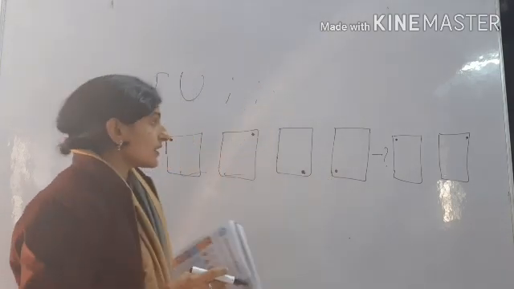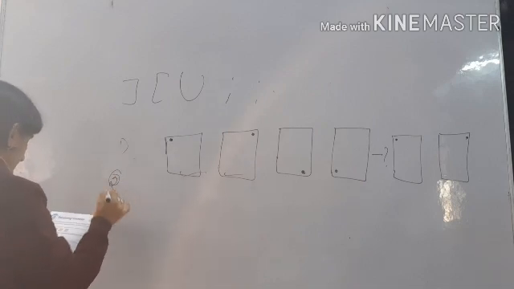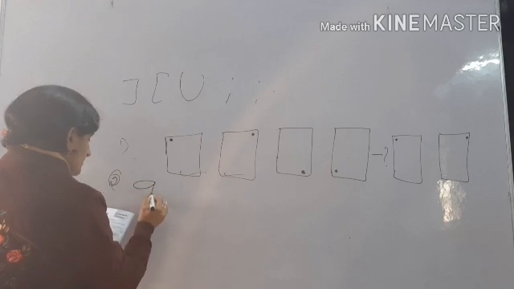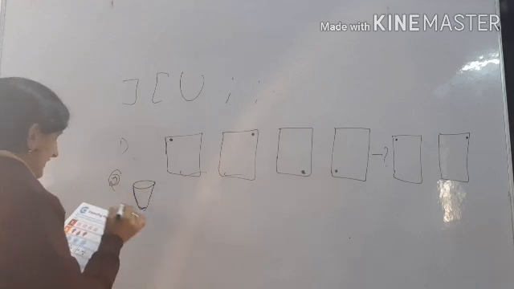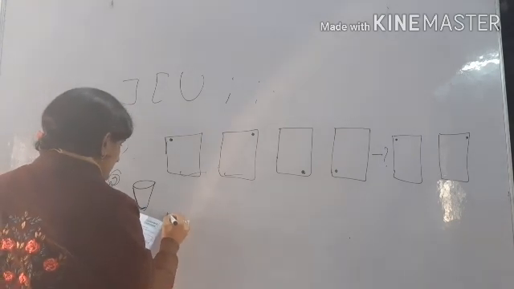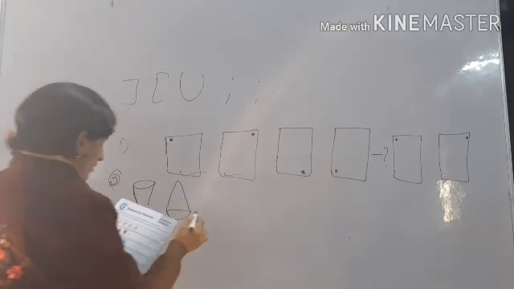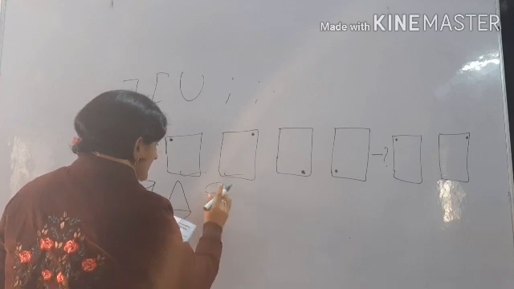Okay. Now look at the second. In the second we have been given cones. So the first cone is like this and the second cone is like this. The second cone is like this and the third cone is like this.